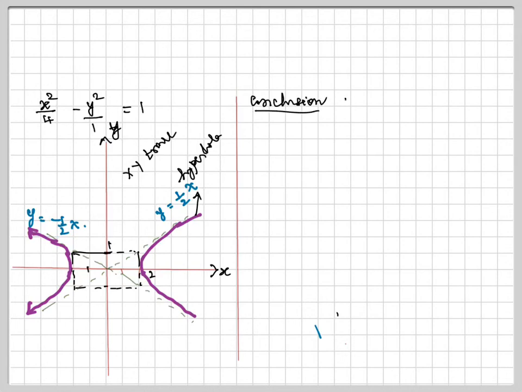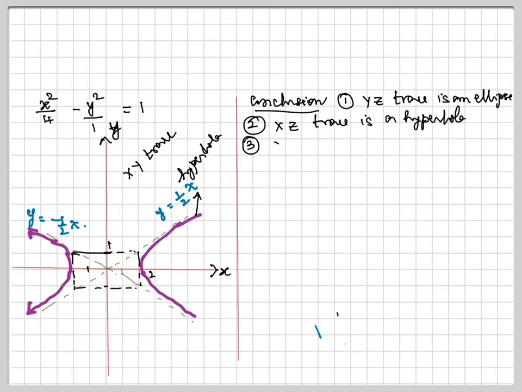So what is the conclusion so far? Initially we said the YZ trace is an ellipse. Then we said the XZ trace is a hyperbola. And now we are saying the XY trace is a hyperbola also. And then the origin is a point on the surface.